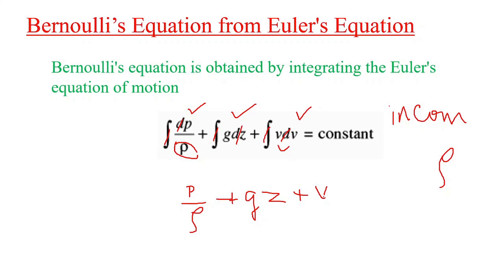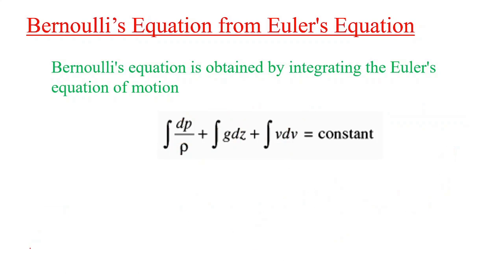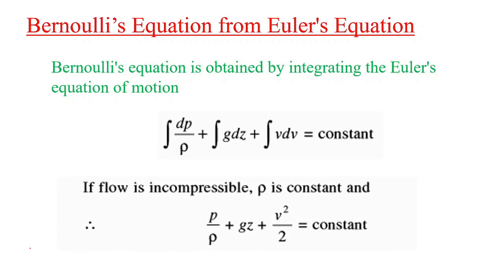So v integration, what will happen? The integration of v dv is v square by 2, is equal to constant. So if the flow is incompressible, rho is constant, we are getting p by rho plus g z plus v square by 2 as constant.